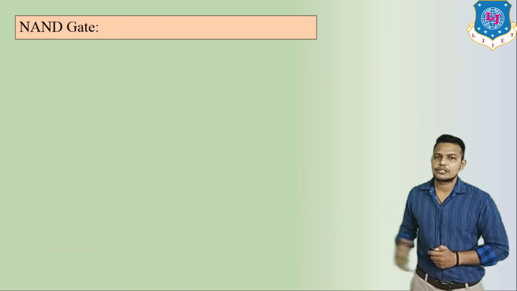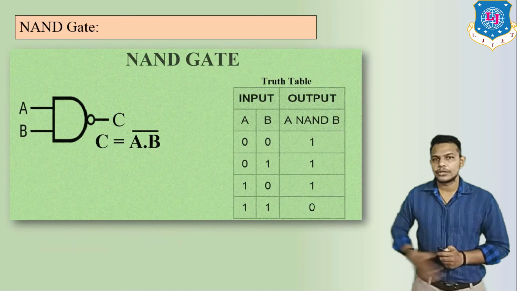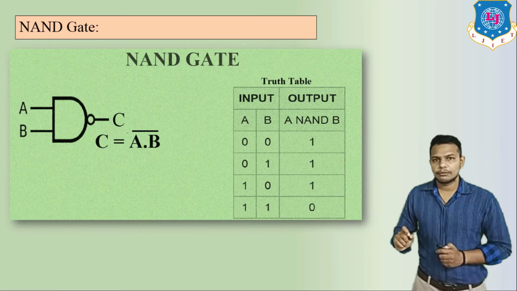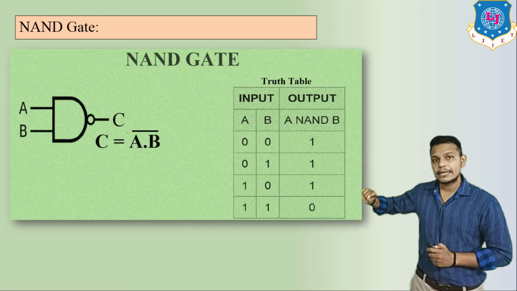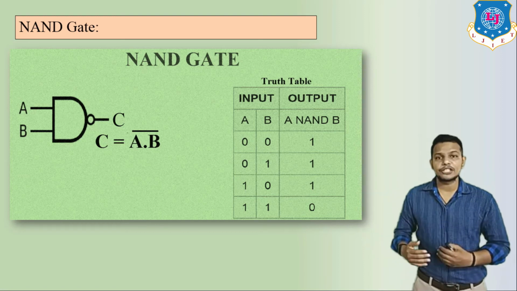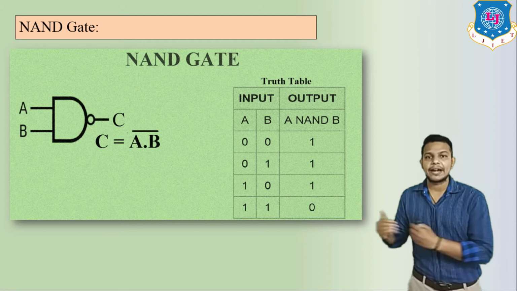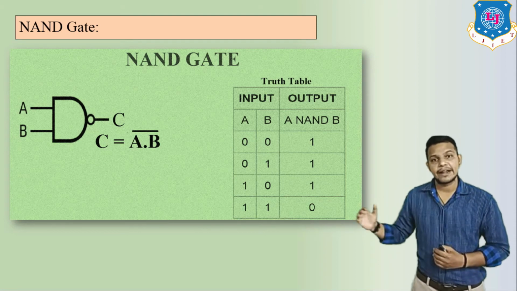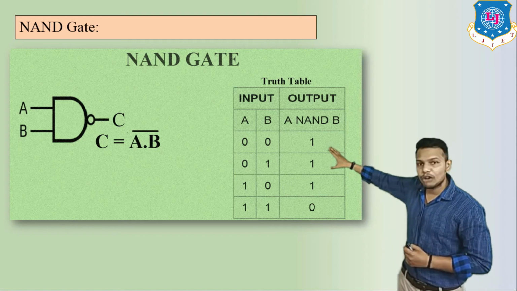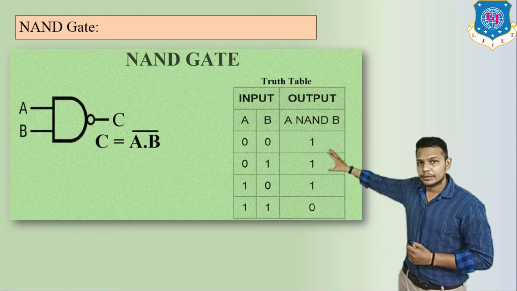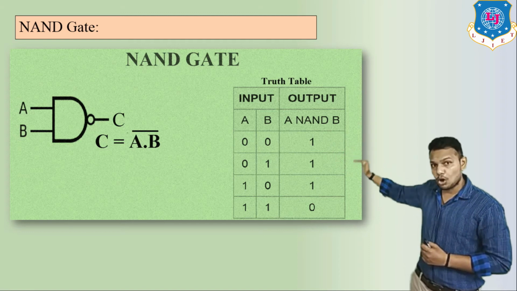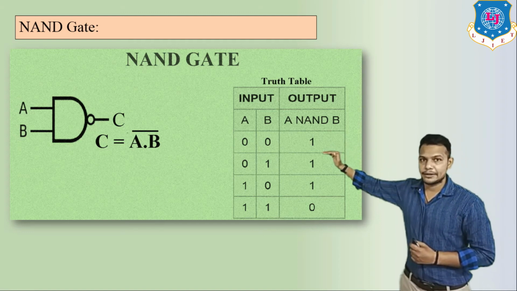So here we can see first the NAND gate. So its symbol here has some changes from the AND gate. So NAND gate, that means it is the combination of NOT plus AND. That means it is NAND gate. So here we can see this is the symbol of NAND gate, and it becomes NOT plus AND.